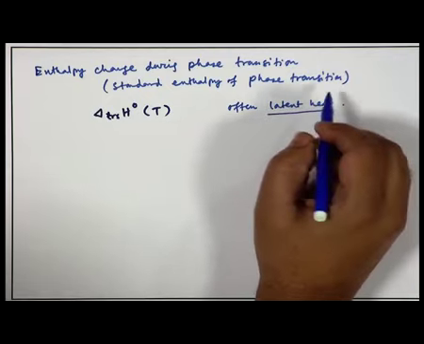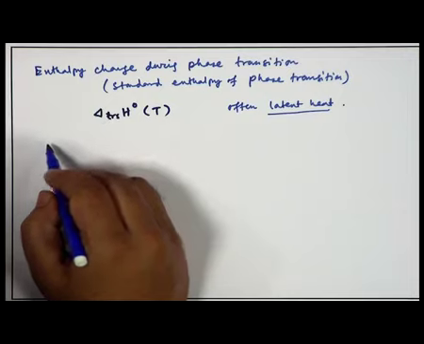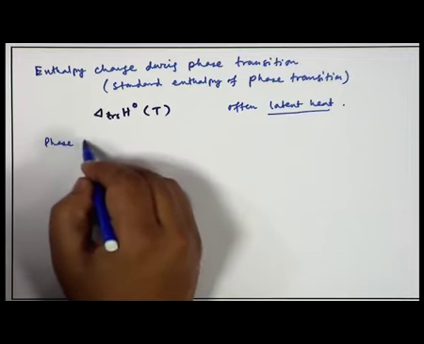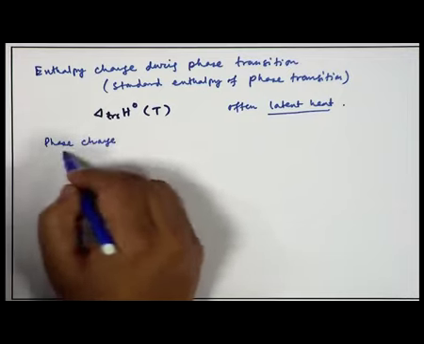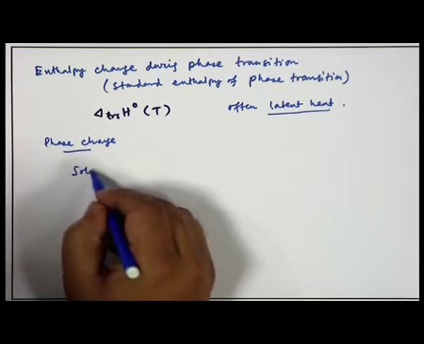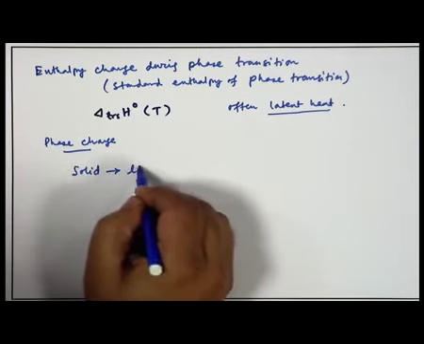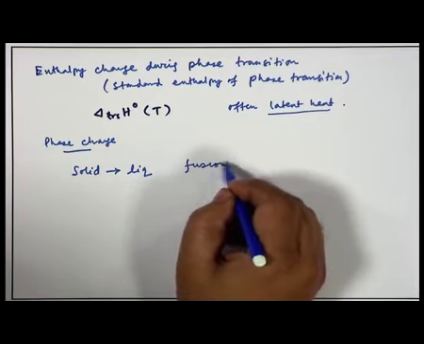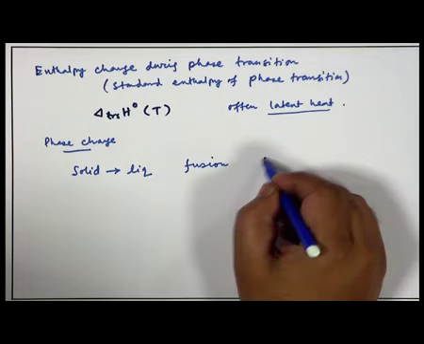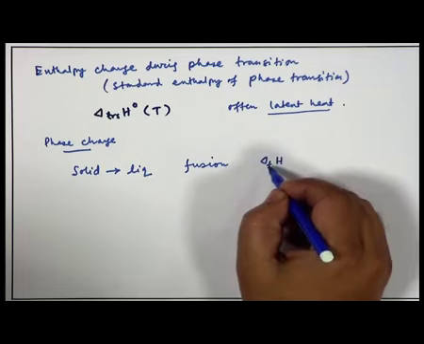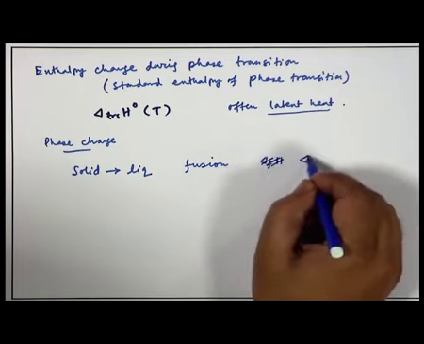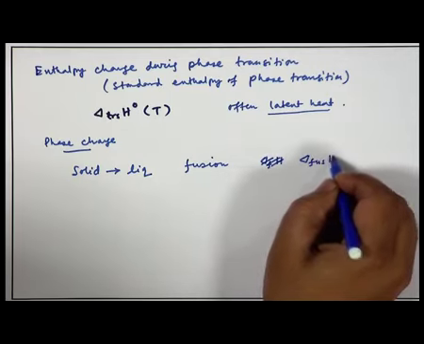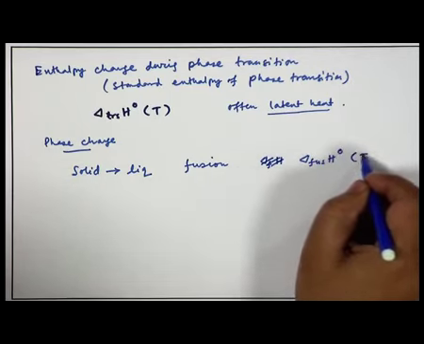Examples of phase change or phase transition: solid to liquid, the process is called fusion or melting, and the symbol we write is delta H FUS, fusion, standard, at a particular temperature, of course.